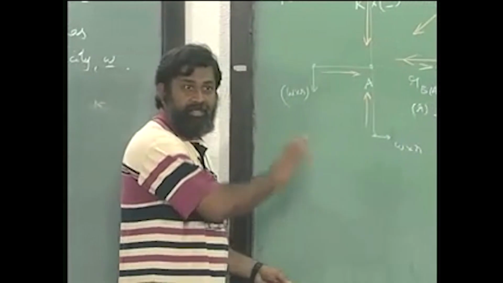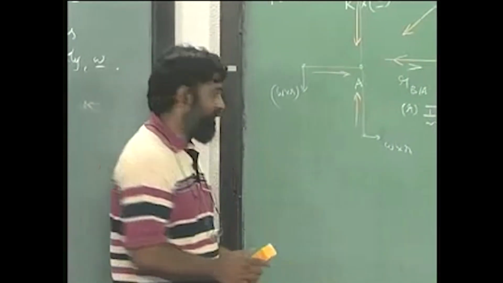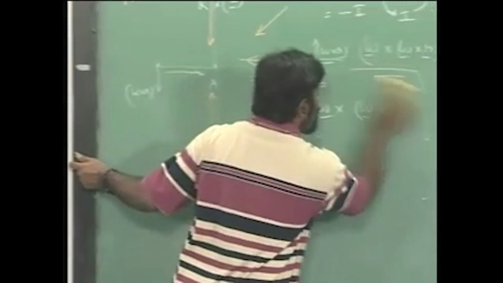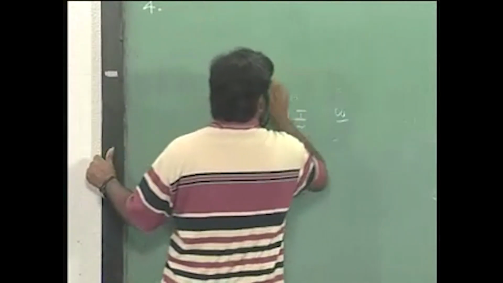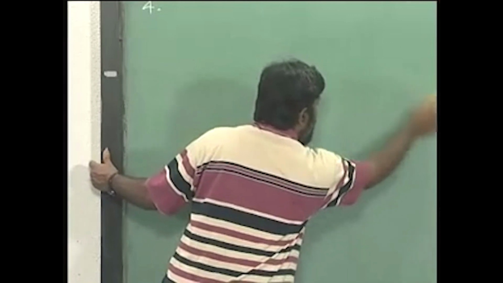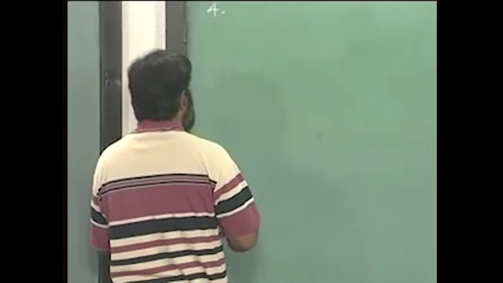Let me erase this and write it in a very simple formal way. I am going to call this a radial component, because as you know it is along the radial direction.